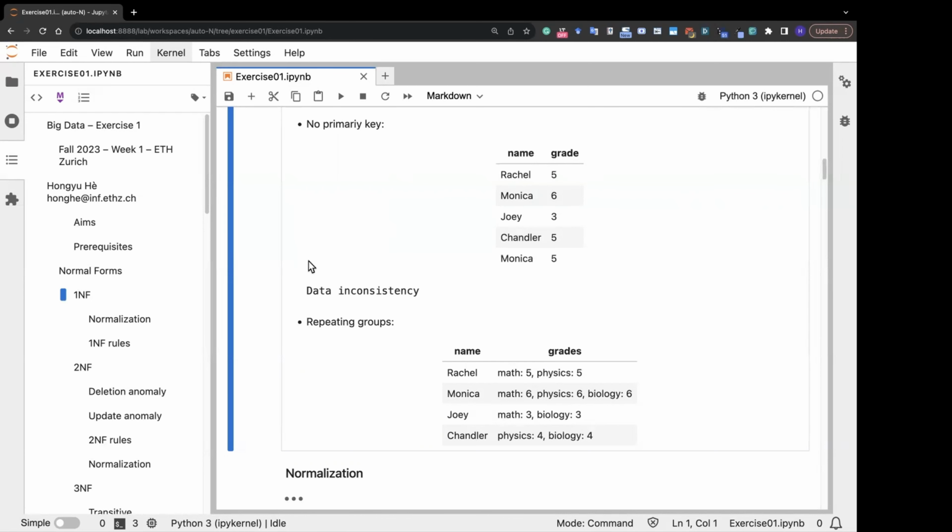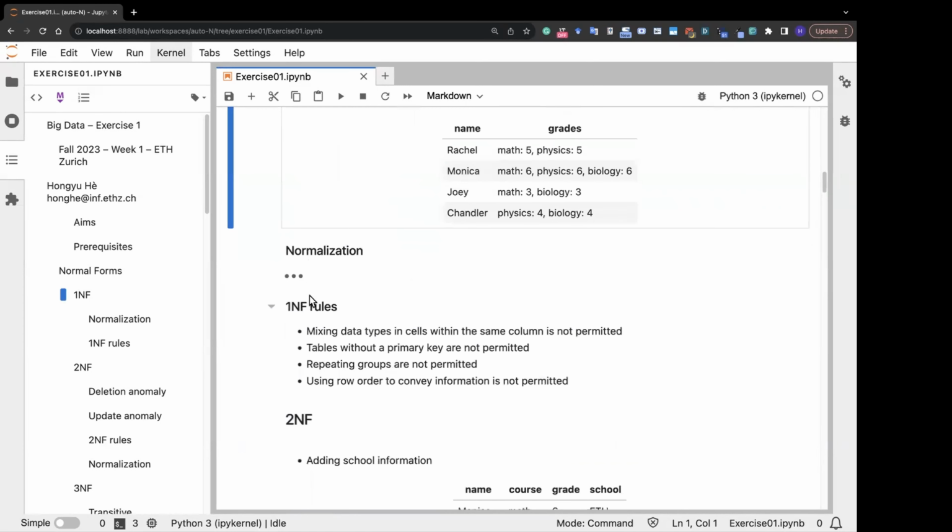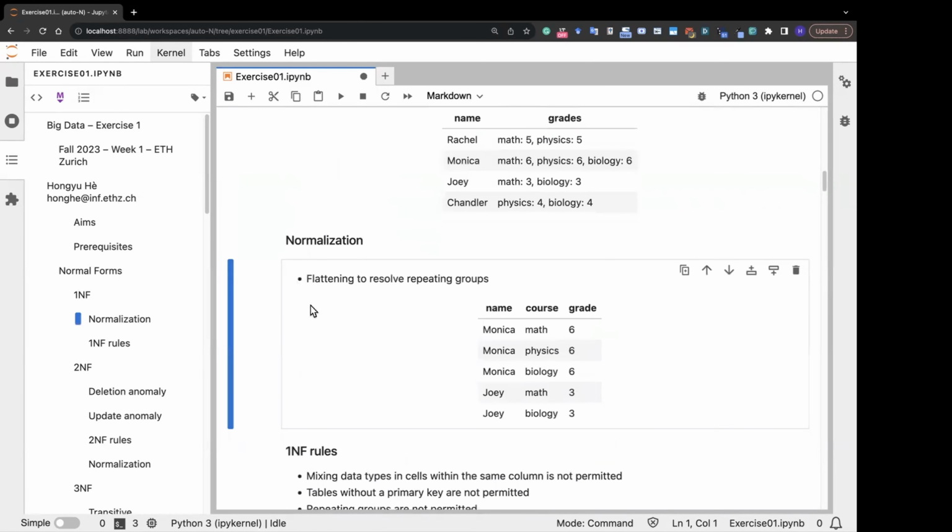Okay, that's a very advanced solution. What I came up with first is to flatten the table. The better solution is to split the table into multiple atomic tables, and we will see why. For now, we have a course, a grade, and a name, and this table adheres to the first normal form.